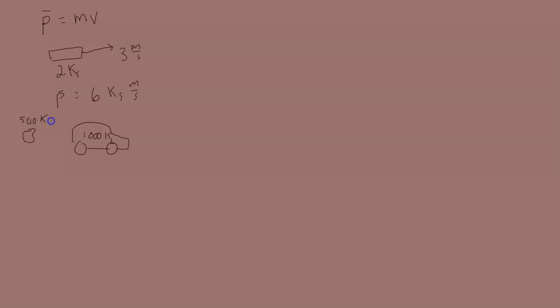A crazy big lump of clay. And you smash it into the car at 5 meters per second. And it makes an inelastic collision, which means that lump of clay basically sticks to the car. The car is just sitting right there, so the car has a velocity of 0.